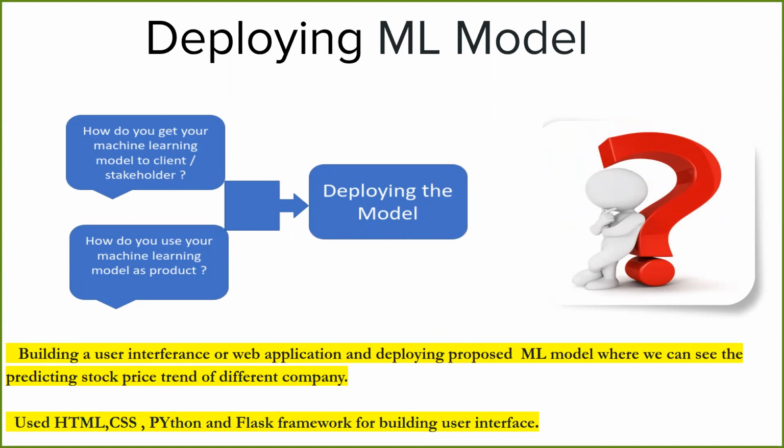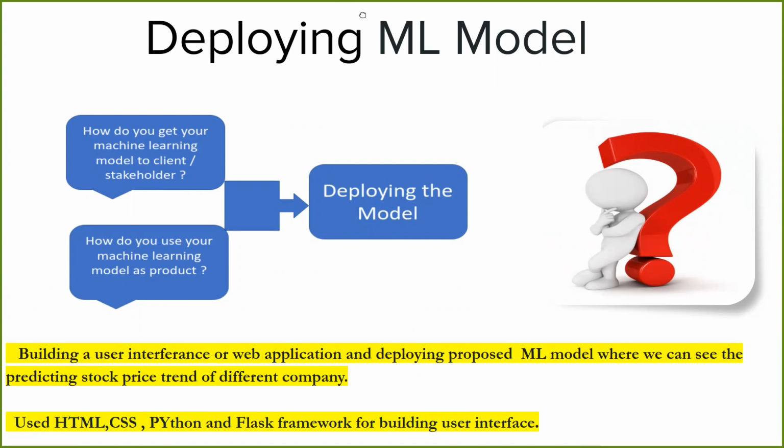Whenever we make any machine learning model, the question arises: how do you use your machine learning model as a product? And how do you get your machine learning model to clients or stakeholders? So whenever we make a model, it is important that we know how to make this model a production, a product.